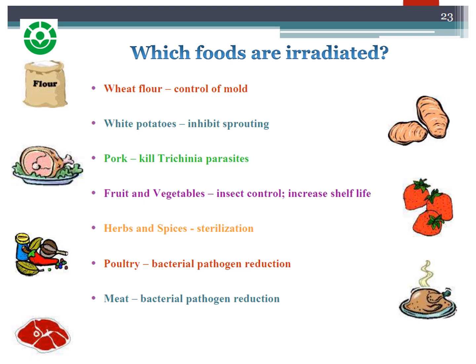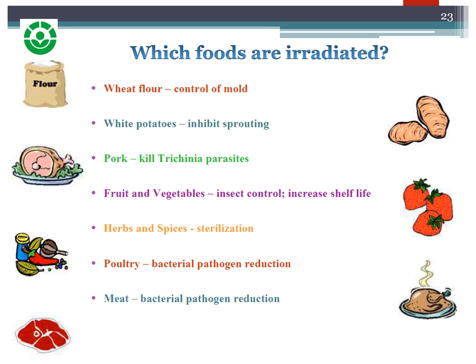So next we mainly see which foods are irradiated. Only some kinds of food have been irradiated. Some examples are wheat flour, to control mold. So the purpose of irradiating wheat flour is to control mold.